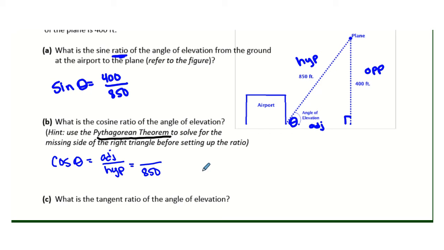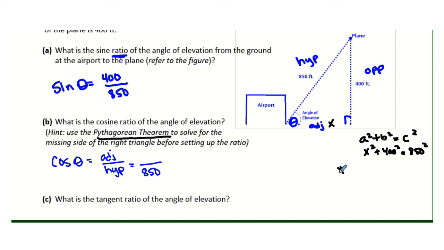So remember the Pythagorean theorem is a squared plus b squared equals c squared. So if I call this side x, that means I would have x squared plus 400 squared equals 850 squared. Remember, a and b are always your legs, and c is always your hypotenuse.